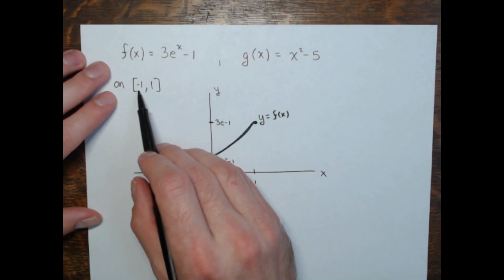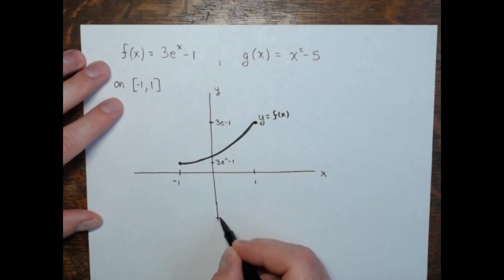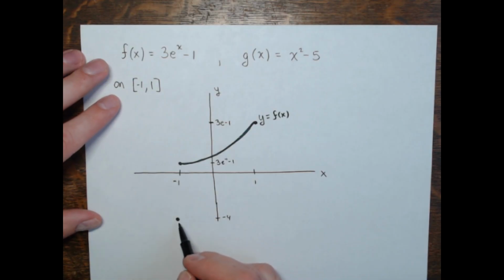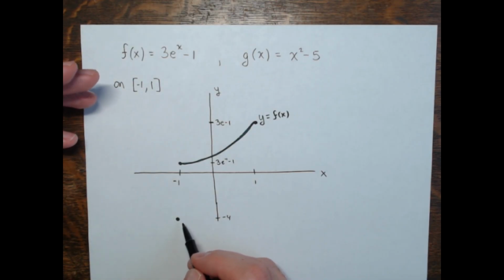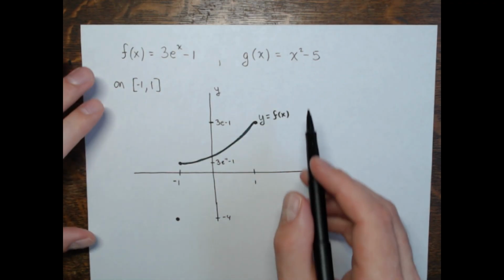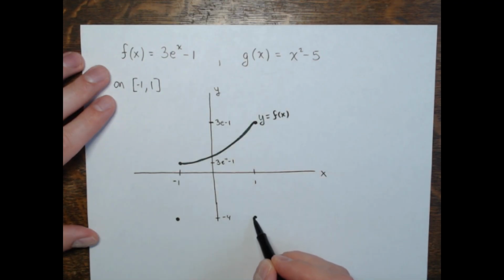At negative 1, you get 1 minus 5, that's a value of negative 4. So over at negative 1, g is clearly the lower function, the bottom function, and f is the top one. And then at 1, also negative 4. But this is part of a parabola with a vertex at 0, negative 5, right?